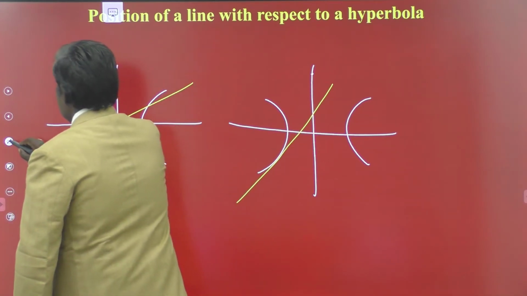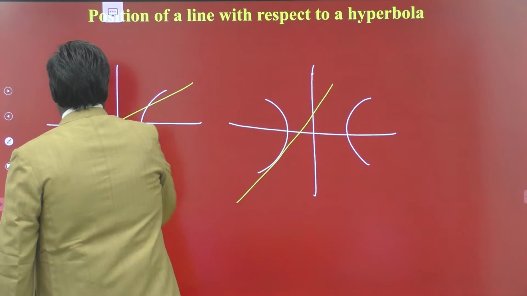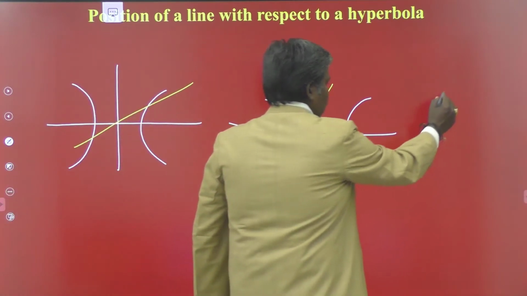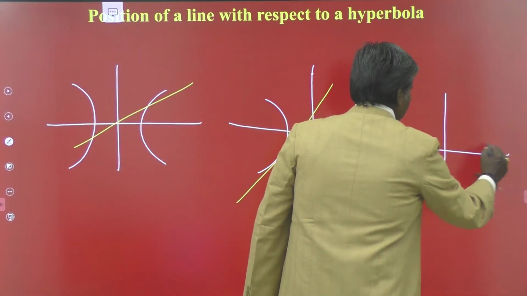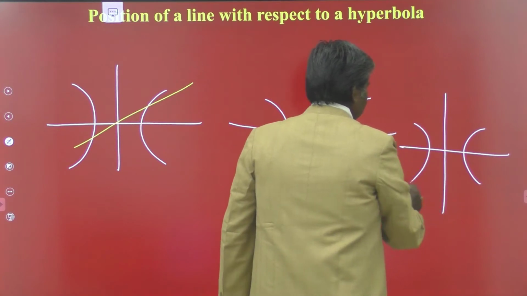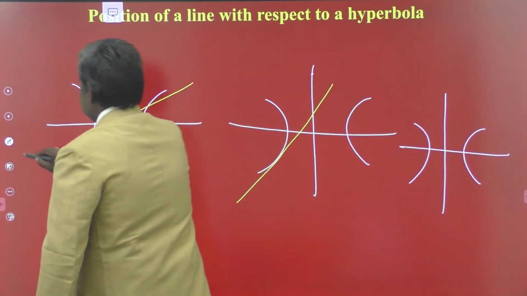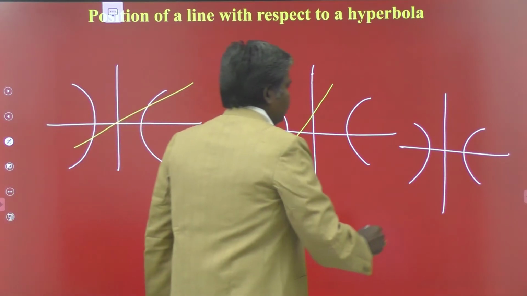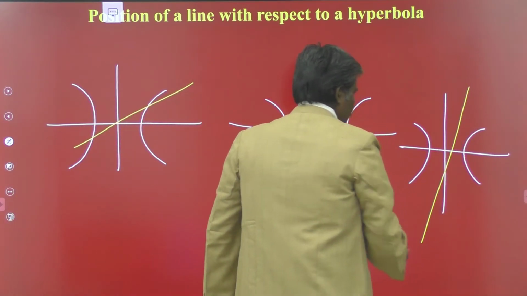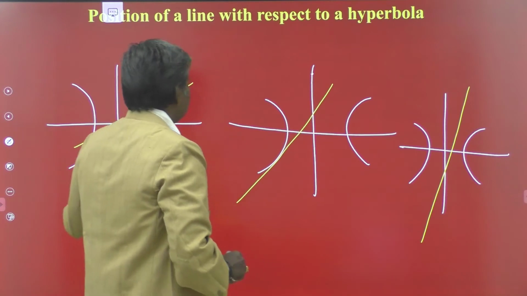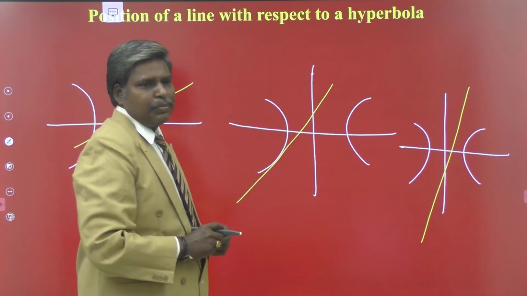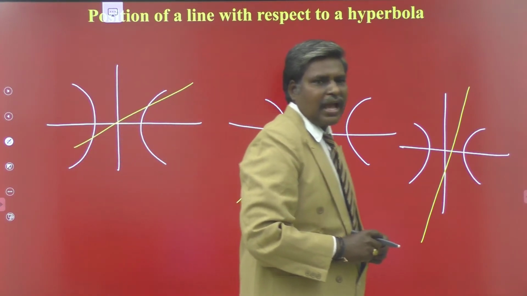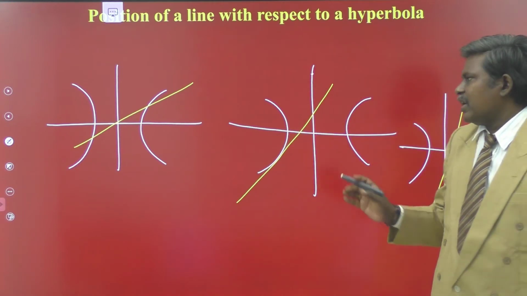That is like this. This is your hyperbola, and your line neither touches nor intersects the hyperbola. So these are the three positions of a line with respect to your hyperbola.